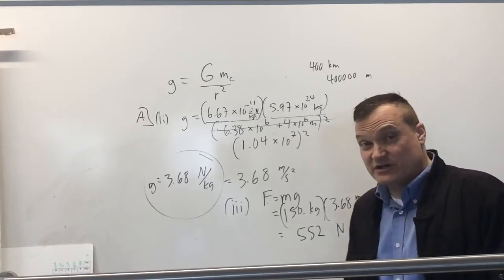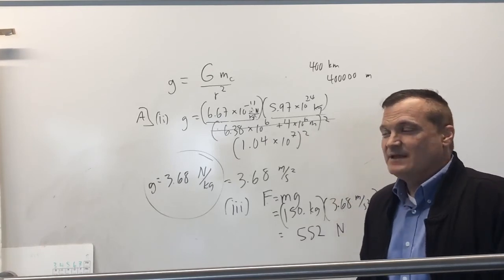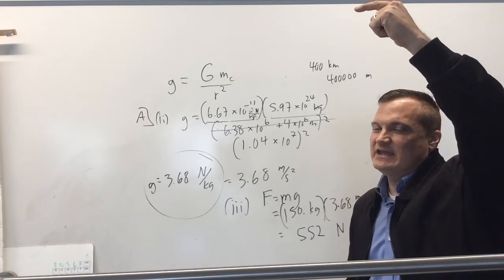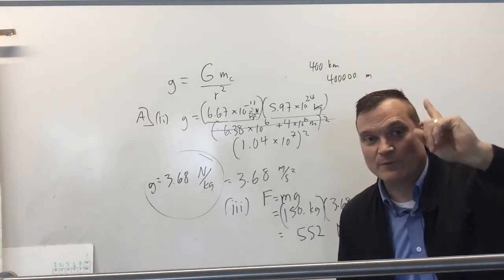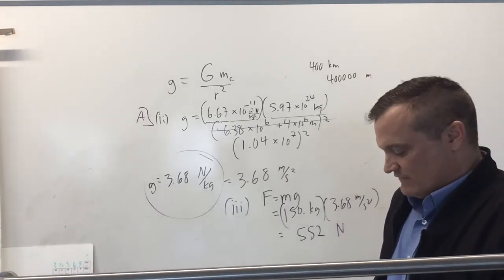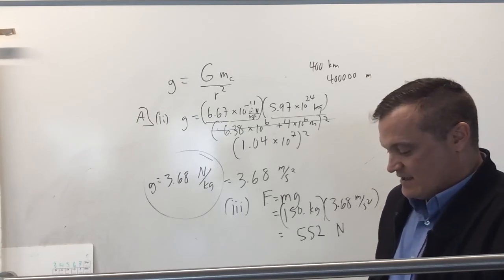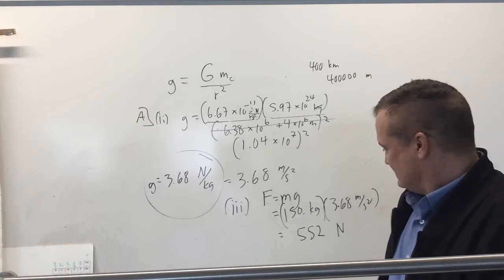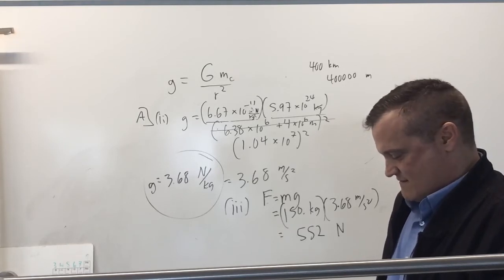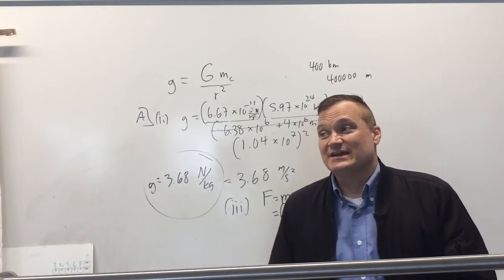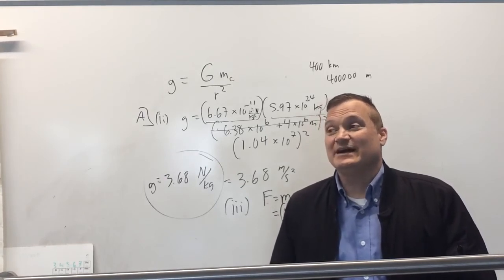Okay, 552 newtons. So just to give you an idea, it would weigh 124 pounds. If that satellite is that high above the Earth, it weighs 124 pounds. However, if the same satellite were on the Earth, and you brought it down here, it would weigh, oh my goodness, 1,500 pounds. That's close to being a ton, right?